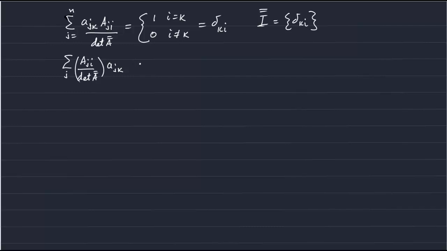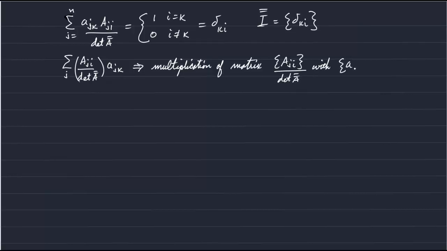If you look carefully, you should recognize it as a multiplication of matrix Aj divided by the determinant with the matrix Ajk, which is simply A. And actually, I'm noticing I reversed the order of this.